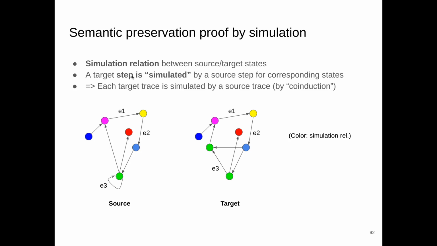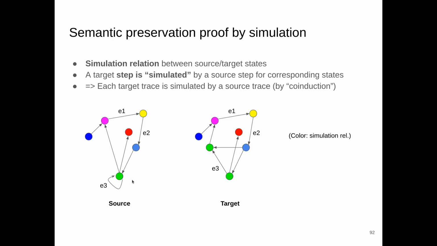The first thing to do is relating target and source states. So you are relating this to this, this to this, this to this, and a node in the target with the node in the source with the same color, basically.